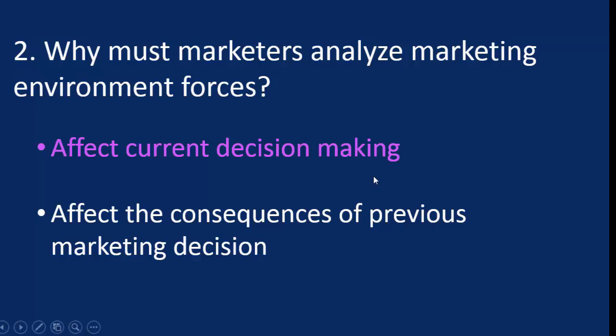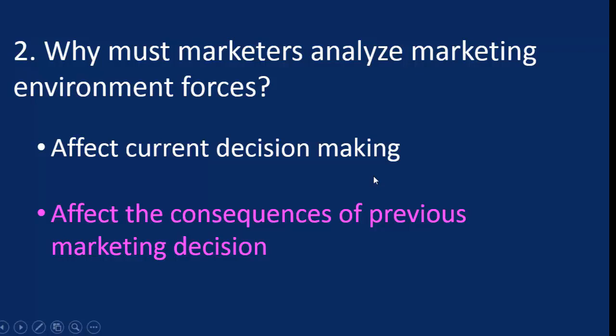Also, these marketing environment variables have an impact on the outcome of today's decisions down the road. For example, 3 months ago, marketers were making certain decisions about product, price, distribution, and promotion, and those decisions were affected by the marketing environment forces of that time.